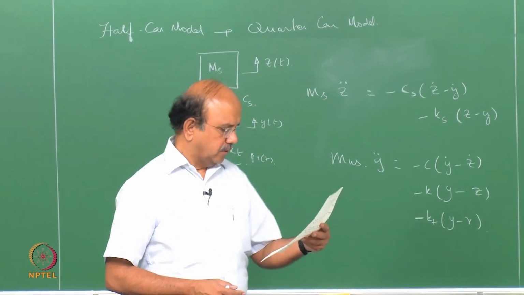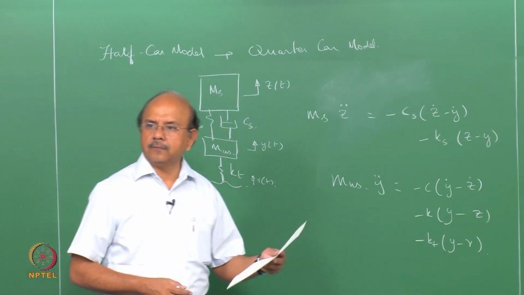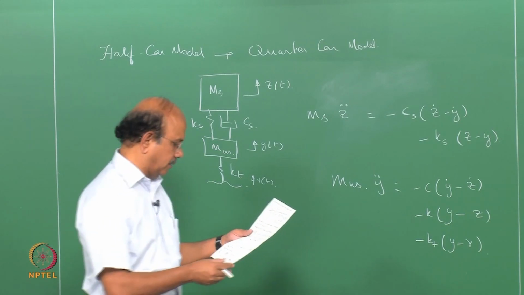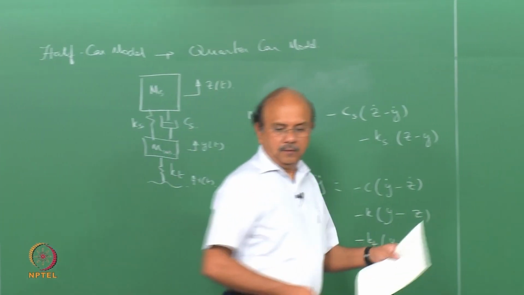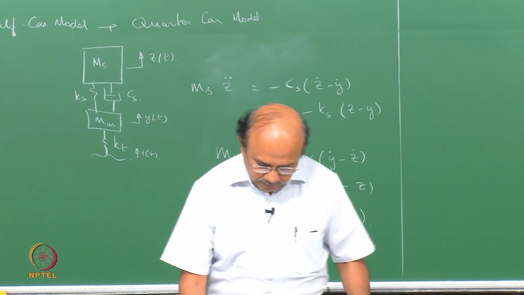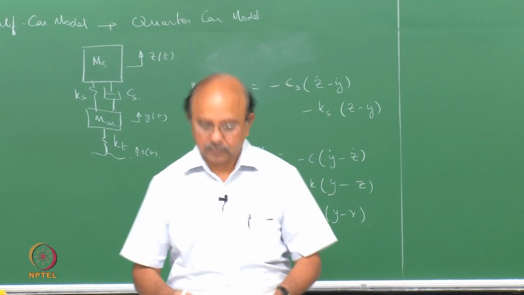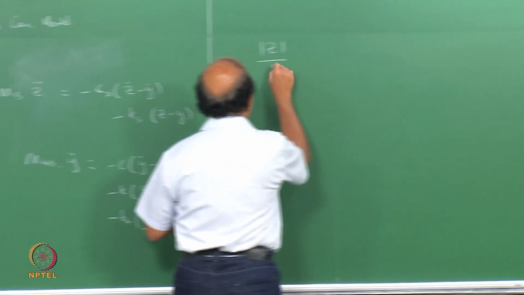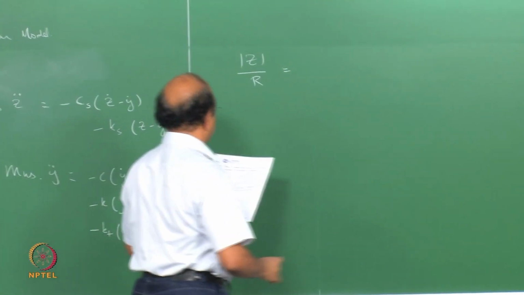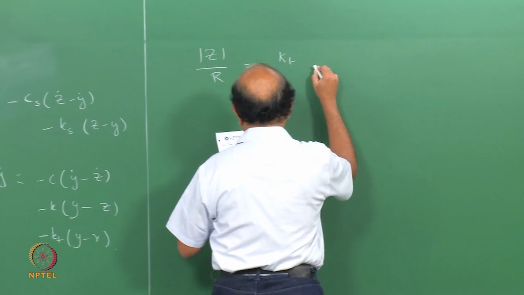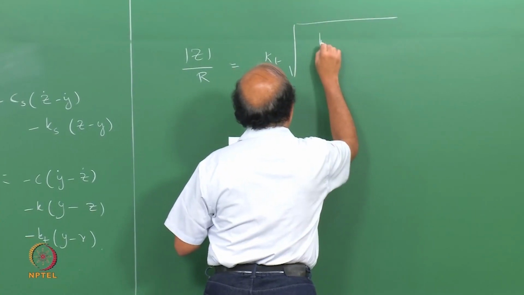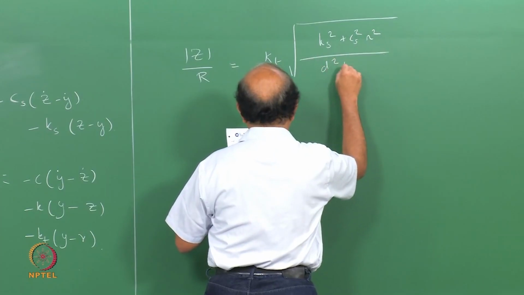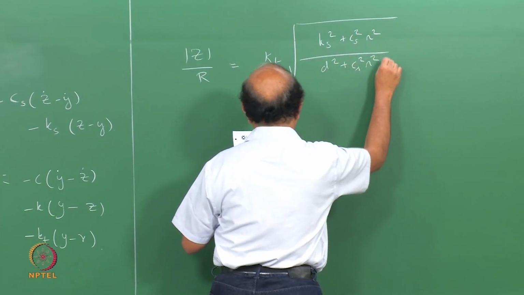And did we write down Z by R? No, that also we wrote down? Yes. Okay, fine. Z by R and Y by R, both of them we wrote down. Sorry, yes. So the magnitude of Z by R is equal to KT root of K squared plus CS squared omega squared divided by D squared plus CS squared omega squared E squared.